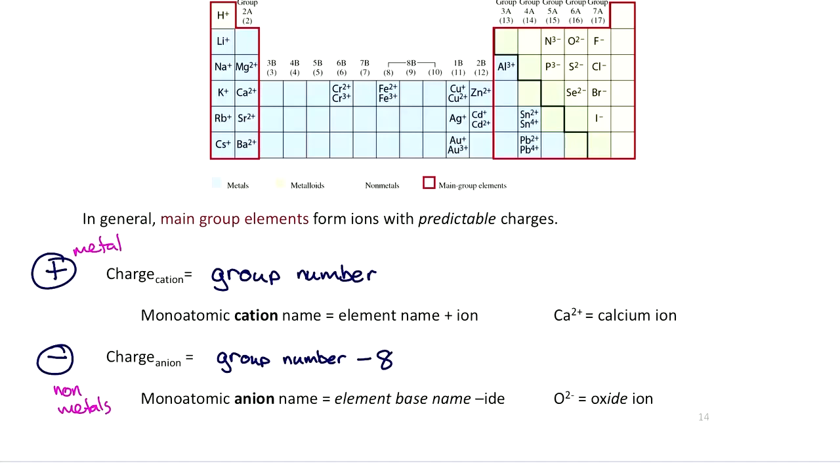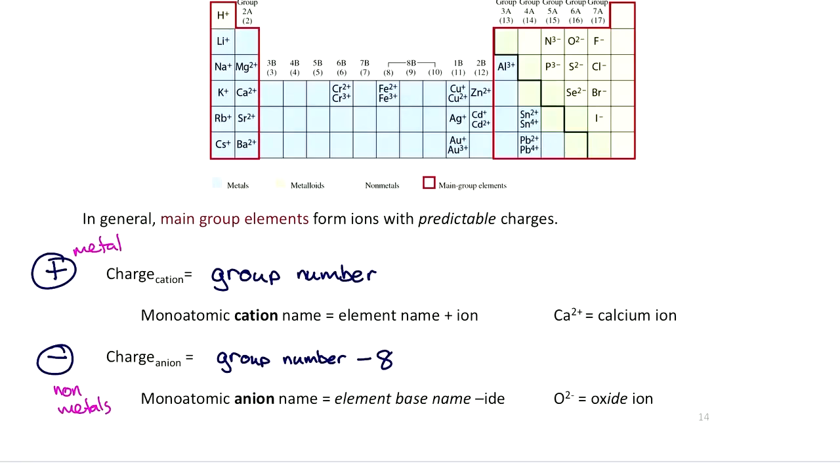So all group 7A elements form -1 anions. All group 6A elements, oxygen, sulfur, selenium, form 2- anions. So that's the trend there. It's group number minus 8. But the names of anions are a little bit different than cations.